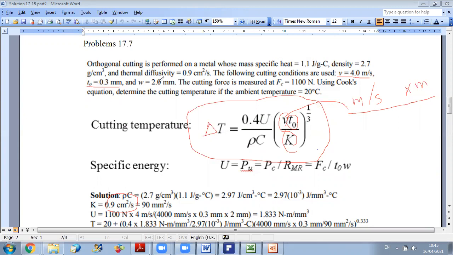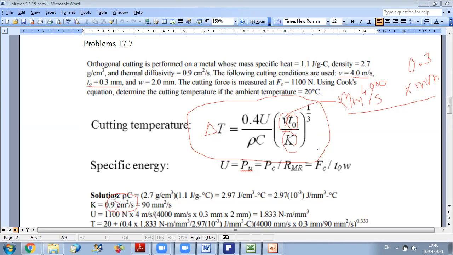Because t0, let's say, we are working in millimeter. So we should convert V to millimeter. You should multiply by 10 to the power 3. T0 is already in millimeter. So you replace t0 by 0.3, and V by 4,000. And concerning K, you should convert to millimeter square per second.